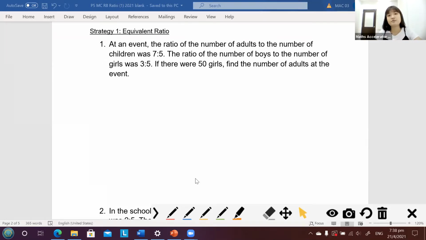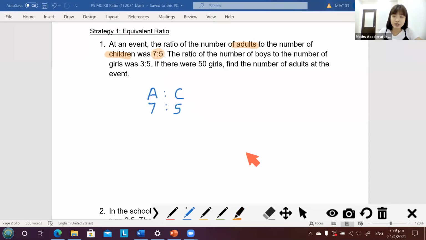Step 1, you will need to write down the different sets of ratio first. Let's read the question. At an event, the ratio of the number of adults to the number of children was 7 to 5. When you write it down, it will be adults to children, 7 to 5.